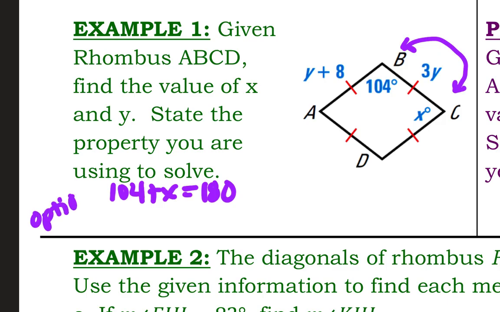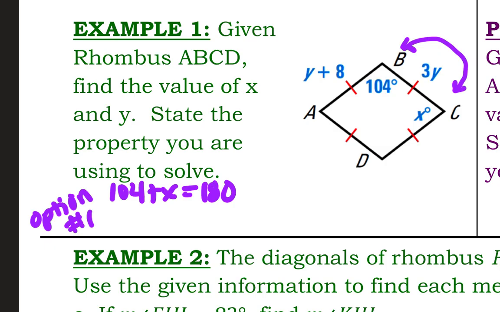How many degrees are in a quadrilateral? 360. Well, if I know all of it's 360, could I figure out these 2 angles or put something here to represent these angles? What would this angle be? 104. What would that one be? x.